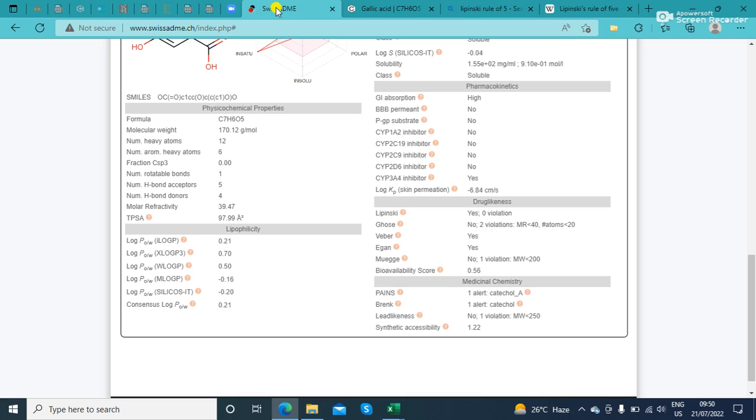Then you can use those specific metabolites to fish out the targets in Swiss Target Prediction.